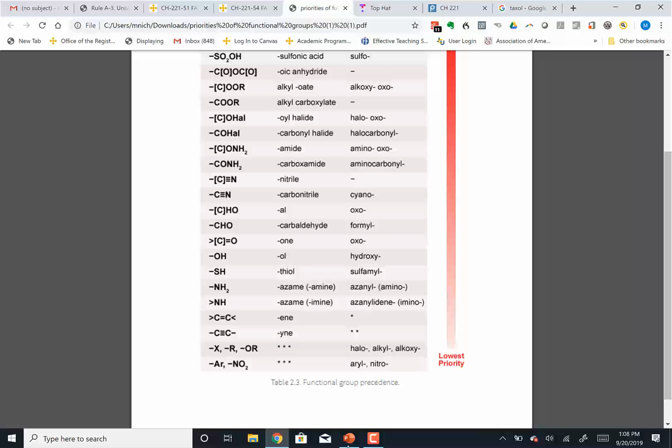The only way they influence a numbering scheme is by their alphabetization and if they're the first encountered substituent. So an alkoxy group receives no more consideration than a methyl group. Double and triple bonds have higher priorities. And then when we work up, the alcohols are now the top of our list.